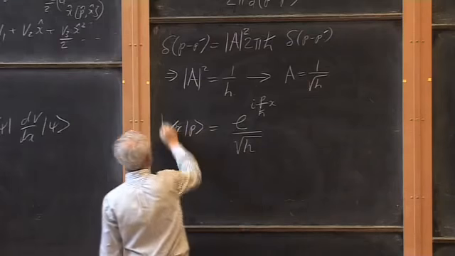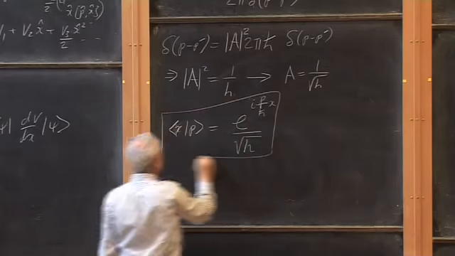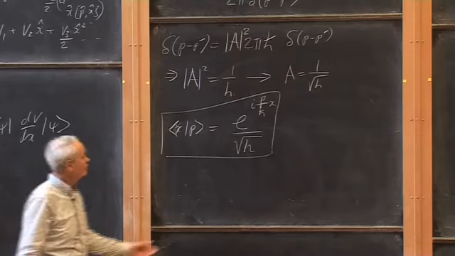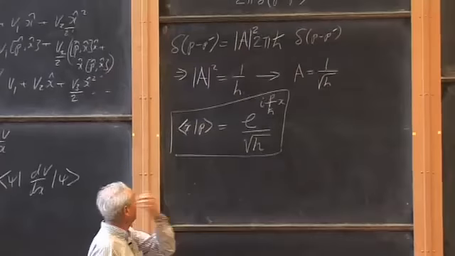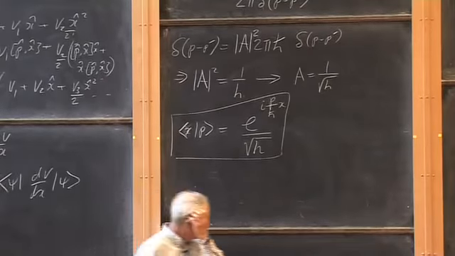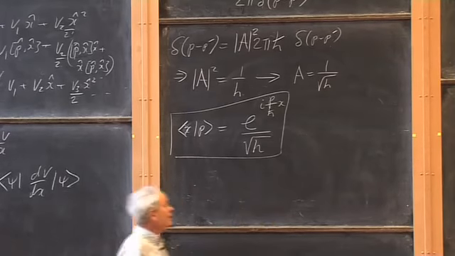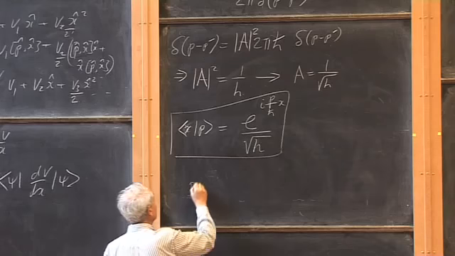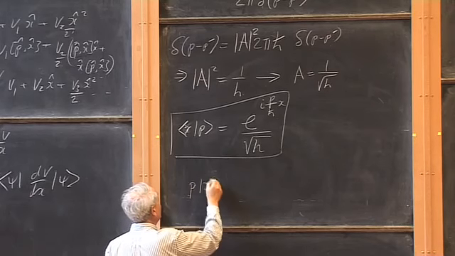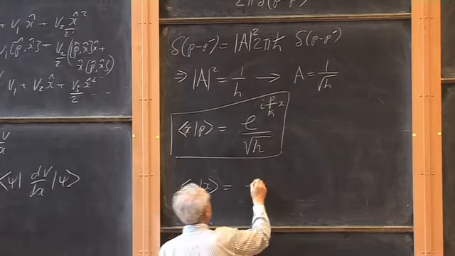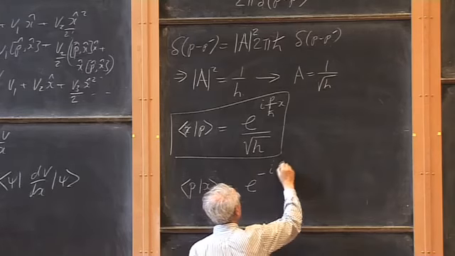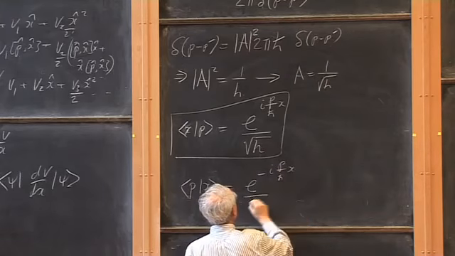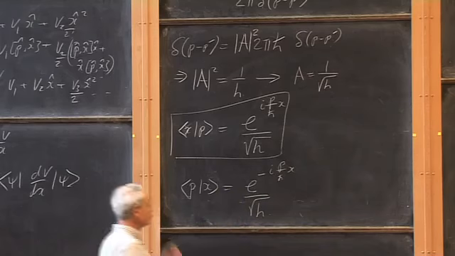So this is an important result. It tells us something else that's of interest if we take its complex conjugate, because its complex conjugate says that p x is equal to e to the minus i p over h bar x over root h.